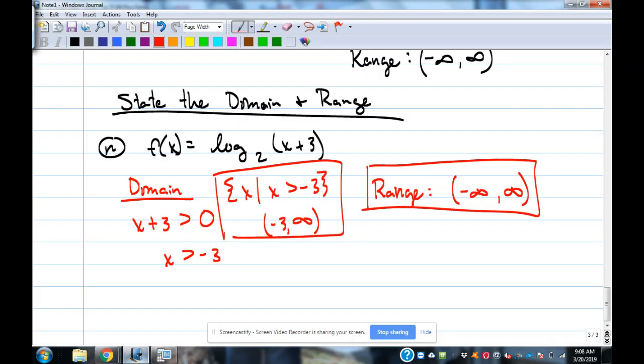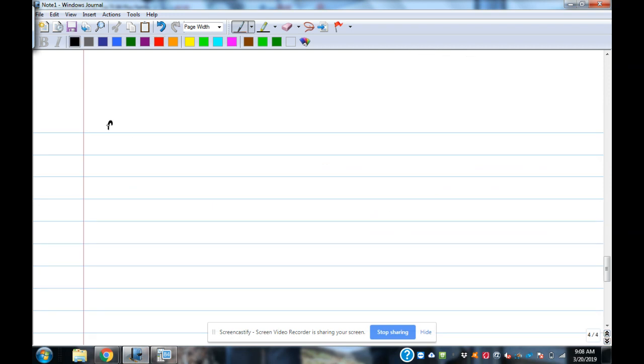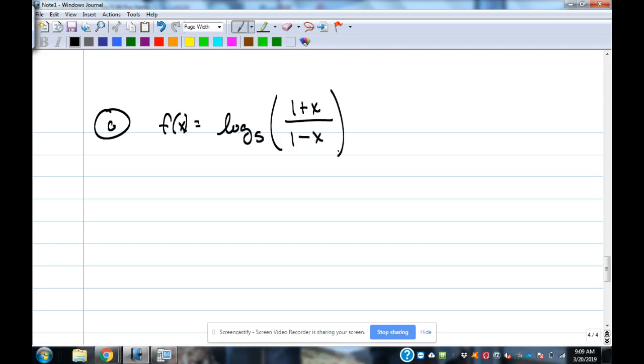All right. Let's look at one that's slightly more complicated. Example: f of x is equal to log base 5 of (1 plus x) over (1 minus x). So a rational expression inside of a logarithm. And we're asked to find the domain and the range of that.